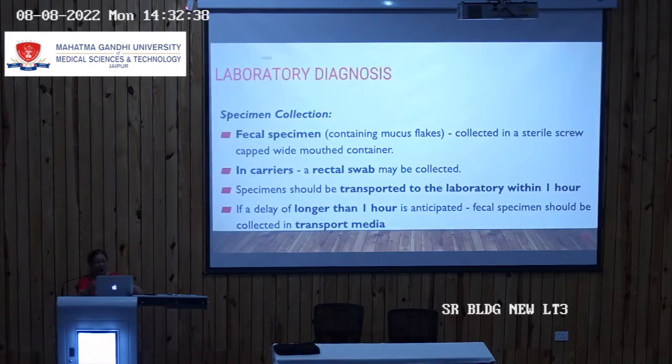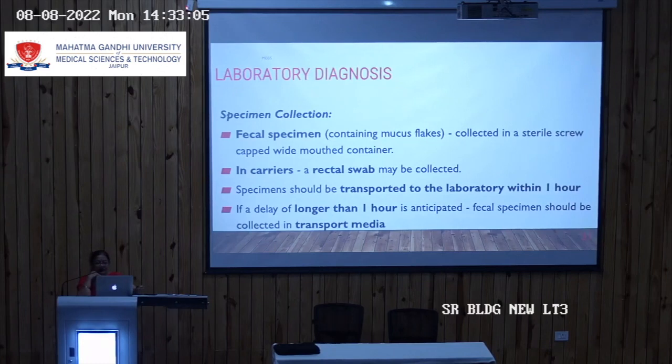Then for laboratory diagnosis, we have to collect the specimen, fecal specimens. Generally, that part of the feces which contains mucus flakes is good for coming to a conclusion for the differential diagnosis of the cause of the infective syndrome.